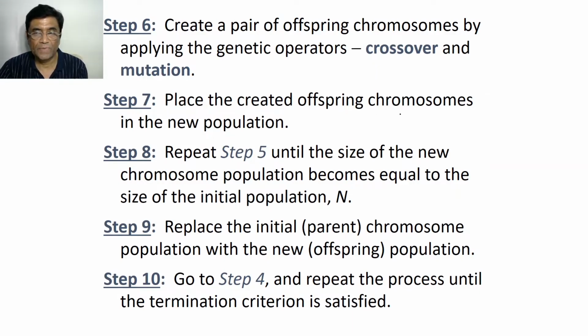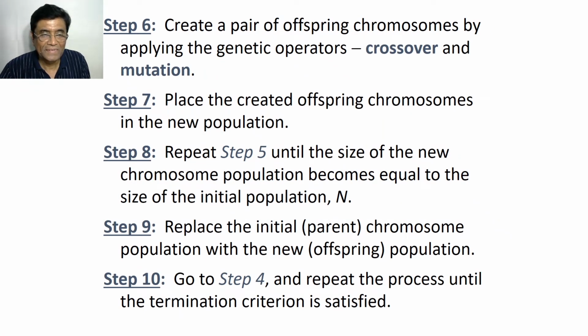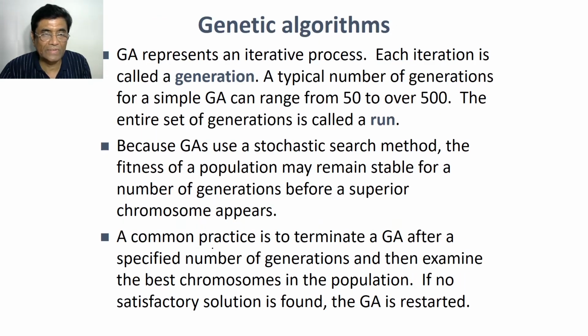Place the created offspring chromosomes in the new population, and then repeat this step 5. That means again you select a pair of chromosomes for mating from the current population, with parents selected with probability related to their fitness. Like that, replace the initial chromosome population with the new population, go to step 4 and repeat it. So whatever I showed you in the flowchart, we have explained here.